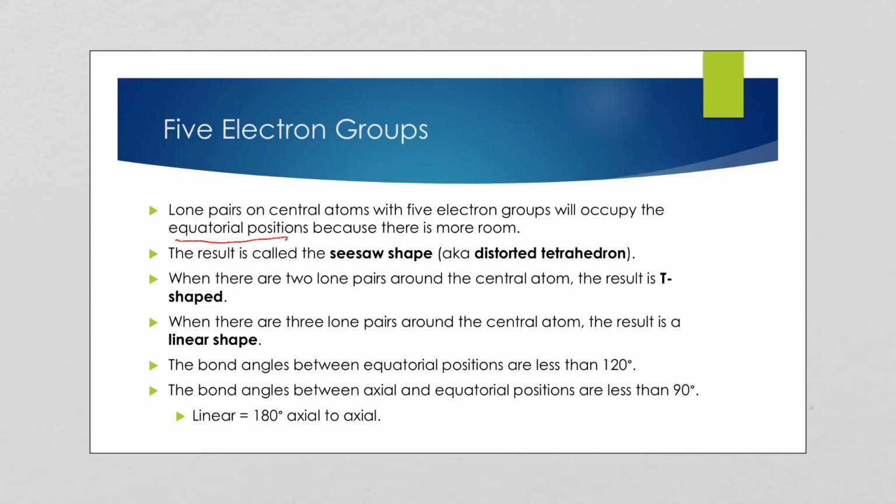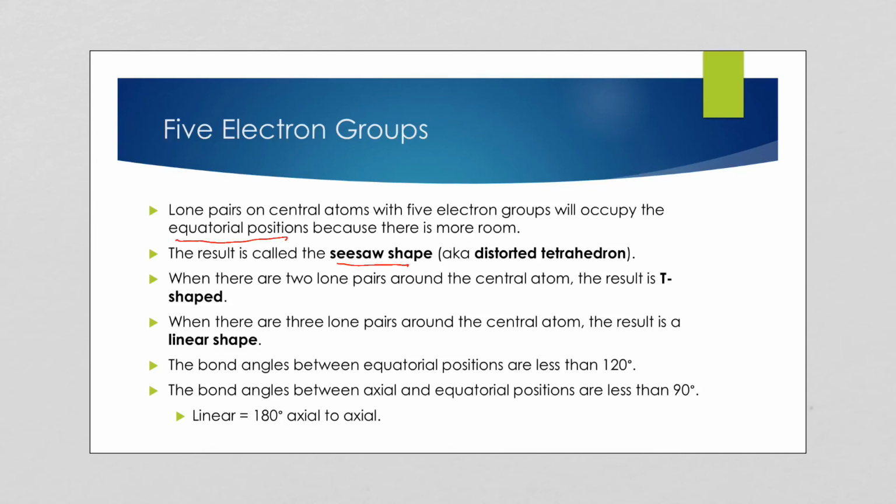So they will only occupy where the bond angles are 120 degrees, around that central trigonal plane area. So if we replace one of those, in our structure we have a total of 4 bonds and one lone pair. We call that a seesaw shape. Now, there are other names for it, but we call it a seesaw in this book.